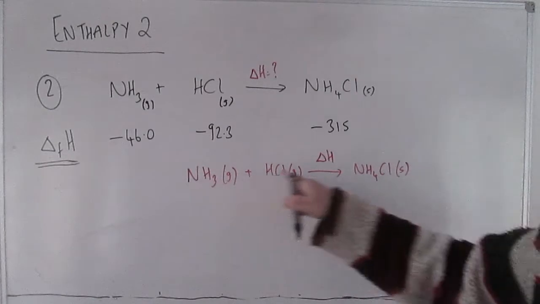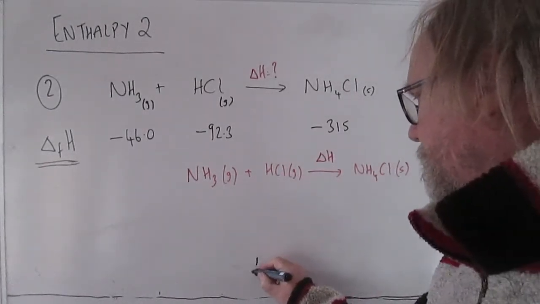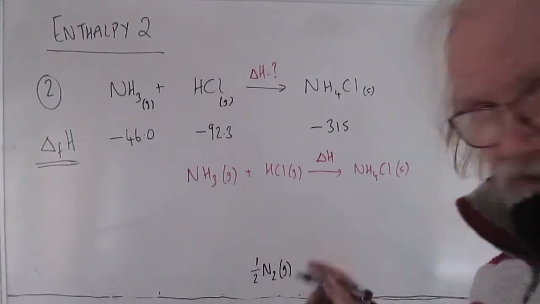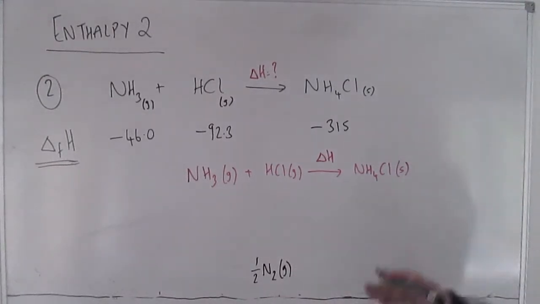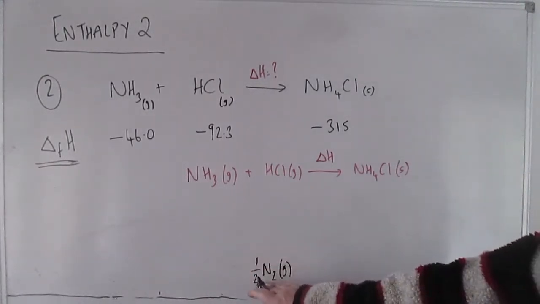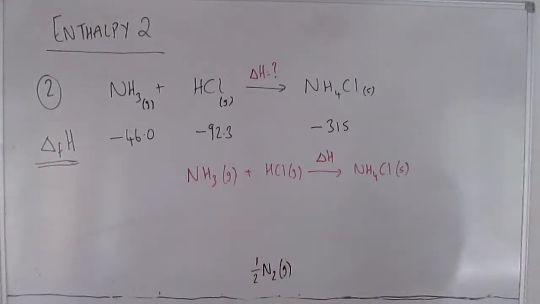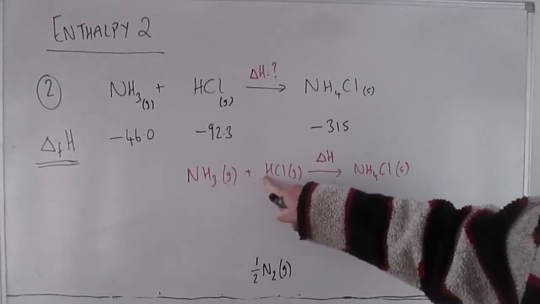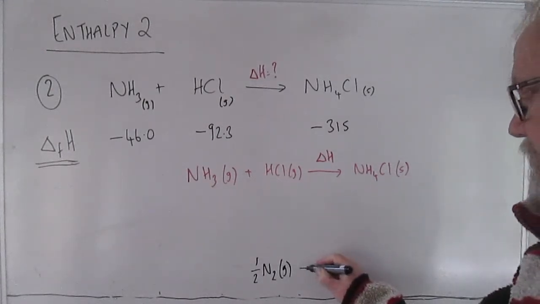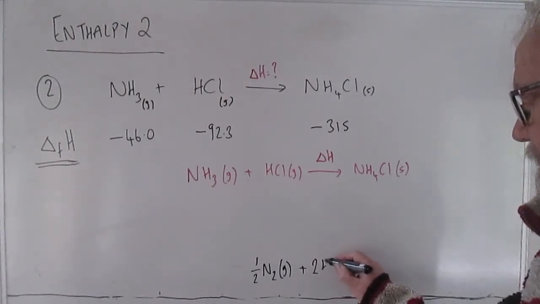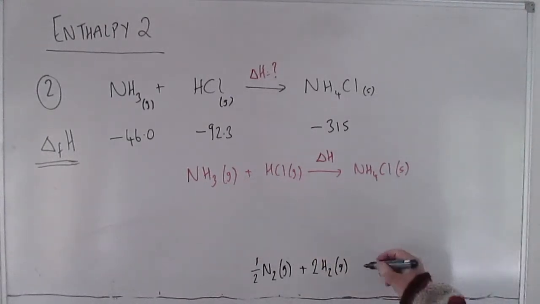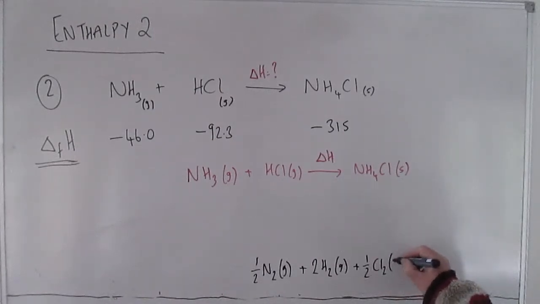So we've got 1 nitrogen, so that's half a mole of N2. It's not just N, the element, because nitrogen doesn't exist as N atoms, it exists as N2 molecules. So we need half a mole of N2 to give you a mole of nitrogen atoms. Altogether, we've got 3 plus 1 is 4 moles of hydrogen, which is 2 moles of H2. And we've got 1 chlorine, so that's half a mole of Cl2. So those are the elements we need.